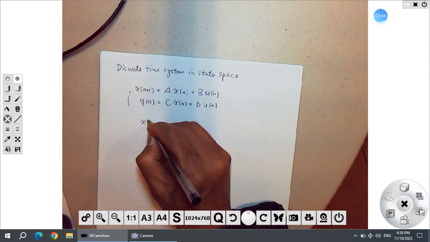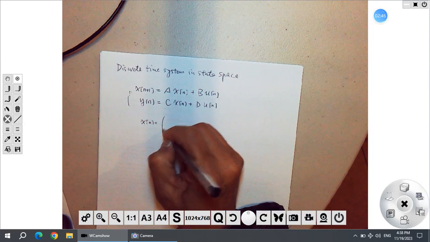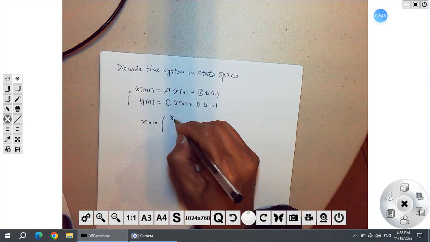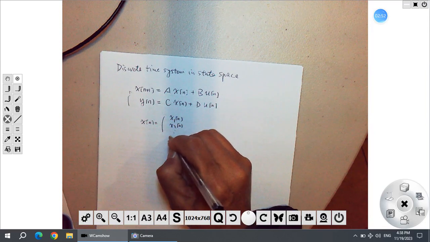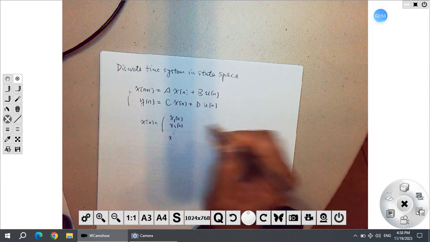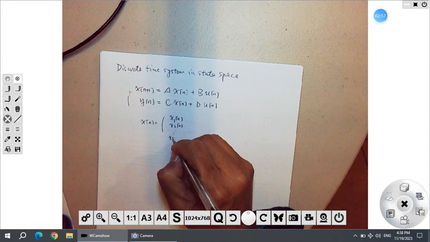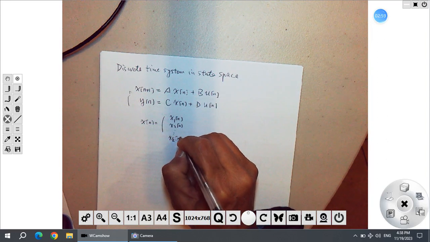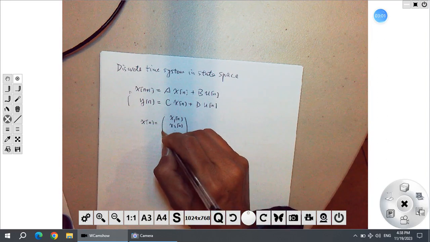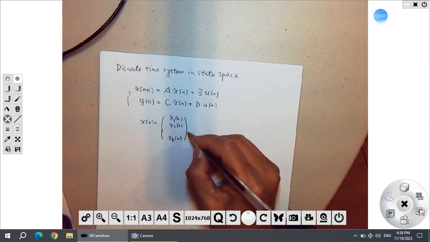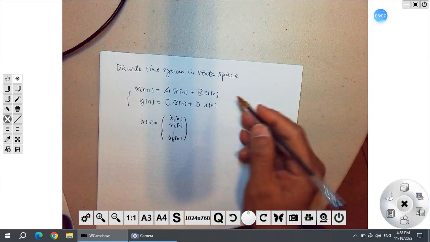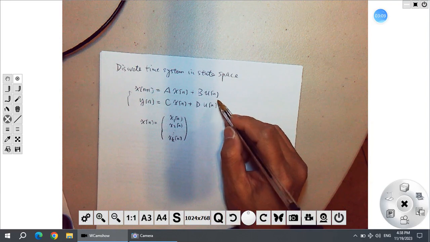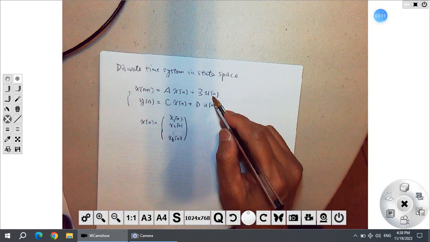Now x of n will be x1 of n, x2 of n, and so on. I use k for the dimension of the state. The B here is for a single input, single output case, so this is just one.